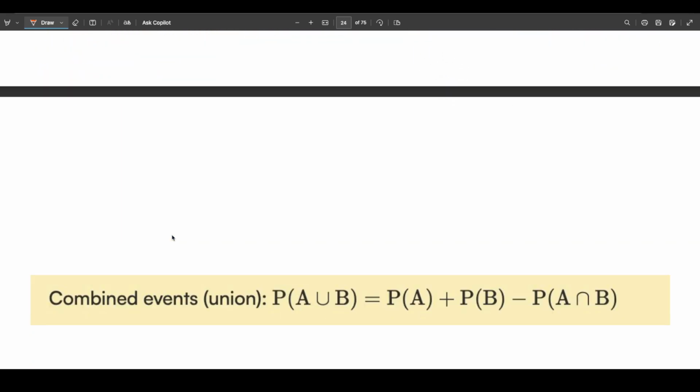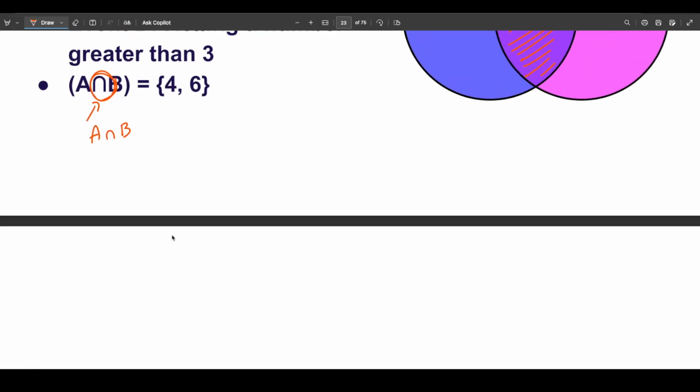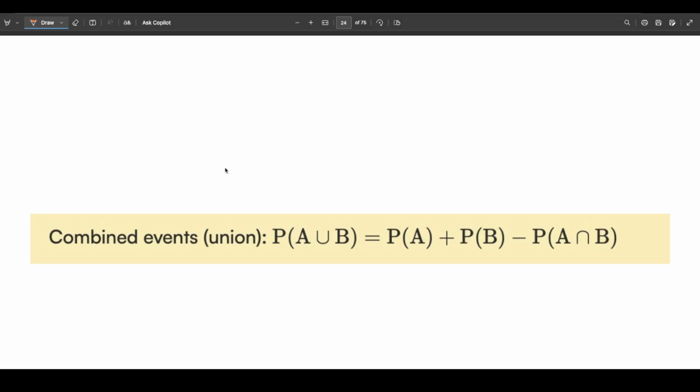Okay, now that we have an idea of and and or, we can talk about the very first rule of probability, the addition rule. What is the addition rule? It makes a relationship between union and the intersection of two events.